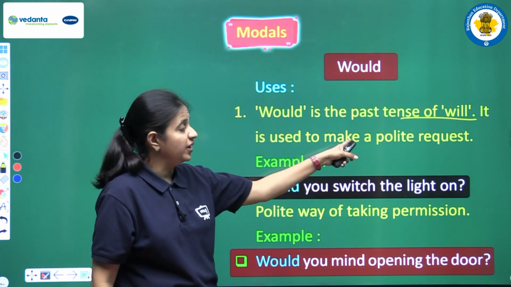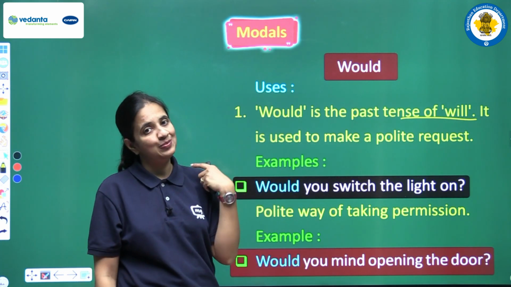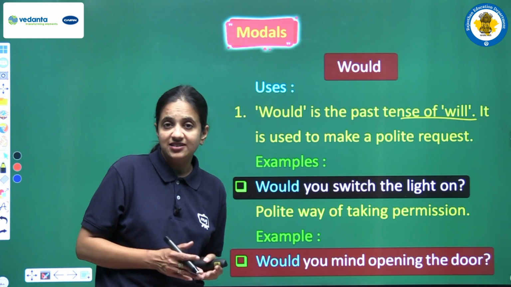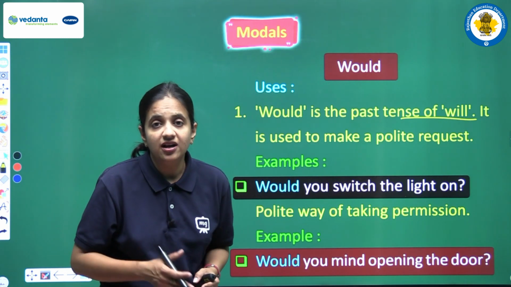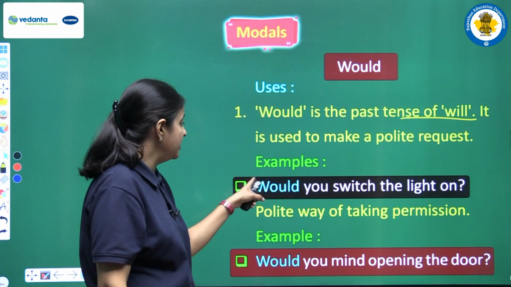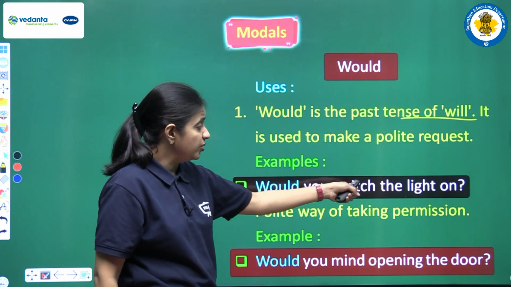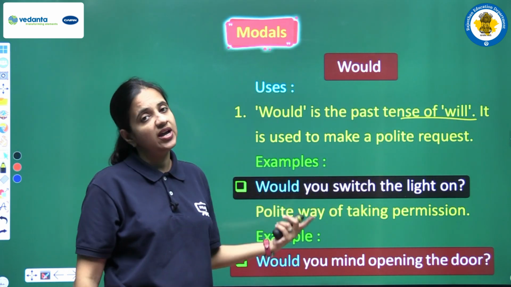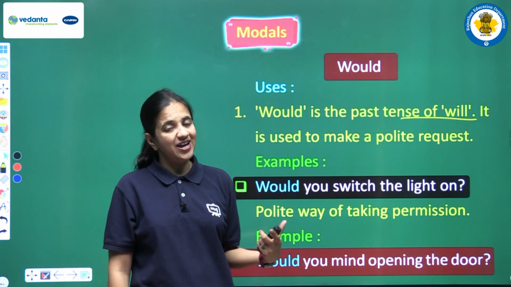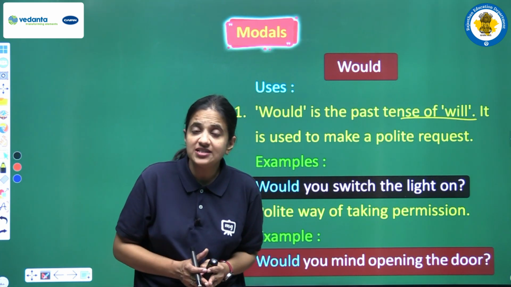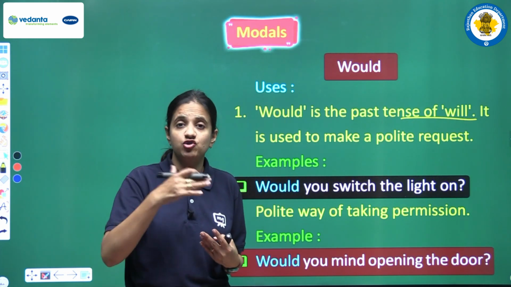Second, it is used to make a polite request. With the help of would we can make sentences when we want to make a polite request. How? Let's see the example. The example that we have here is, would you switch the light on? So here we are making a very polite request, asking someone to switch on the light.